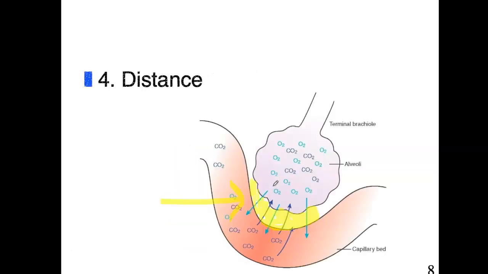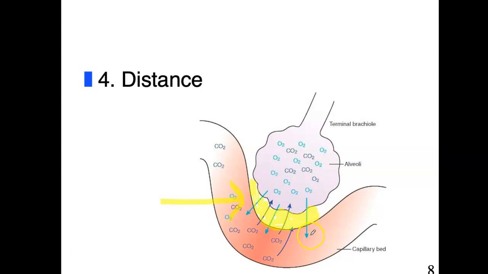And the fourth one here that's going to matter is the distance that oxygen or carbon dioxide, that gas needs to travel. So this region in yellow, I colored it up in yellow, is the region it has to travel. It actually has to cross the alveolus, come into this interstitial area, and then come into the capillary bed.